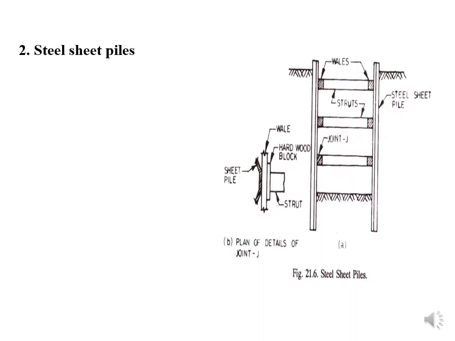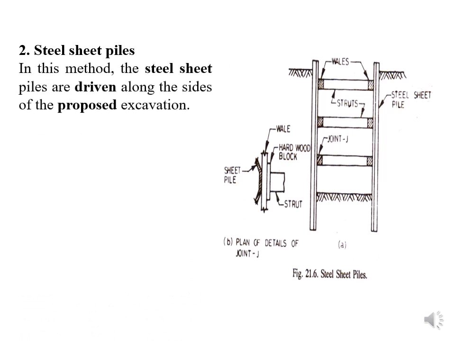The next is called a steel seat pile. In this method, the steel seat piles are driven along the sides of the proposed excavation. The same thing as we have seen in the timber seat pile. In this case also, we have to drive the steel sheets, where we have to go for the braced cut, or where we have to go for the excavations or cutting.